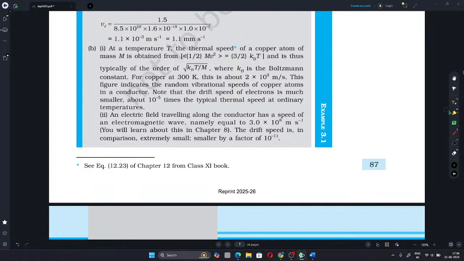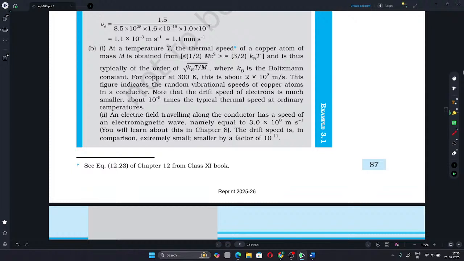Note that the drift speed of electrons is much smaller, about 10 power minus 5 times the typical thermal speed at ordinary temperature. An electric field traveling along the conductor has the speed of an electromagnetic wave, namely 3 into 10 power 8 meter per second.